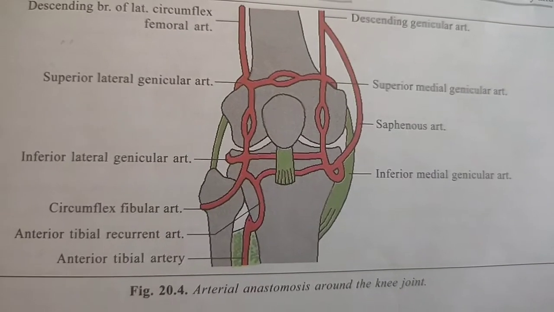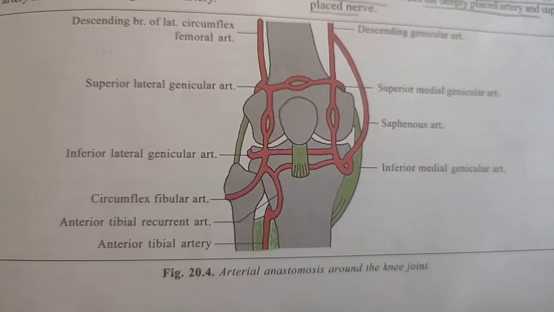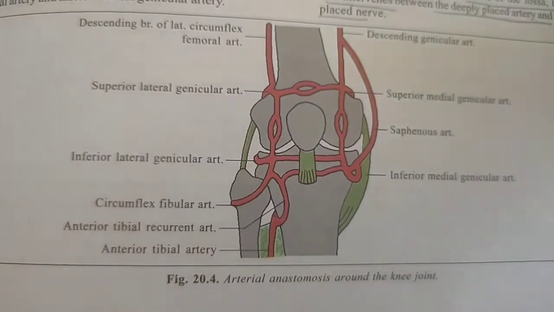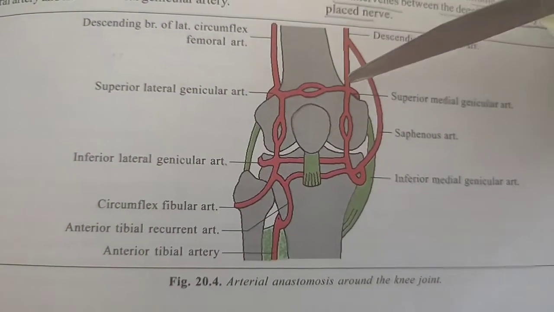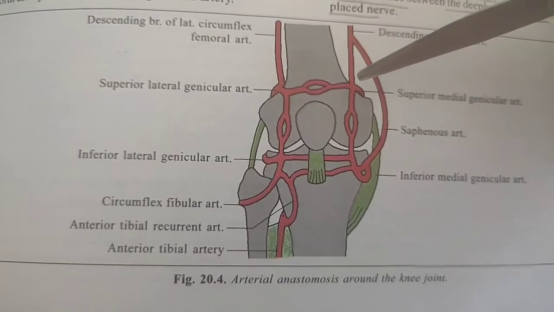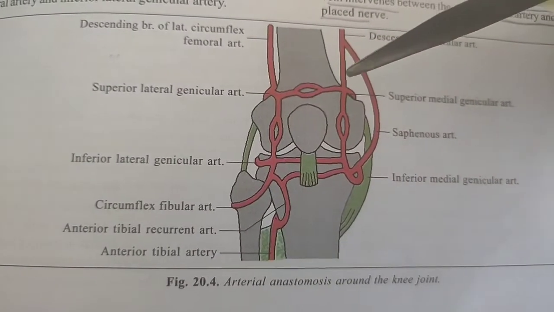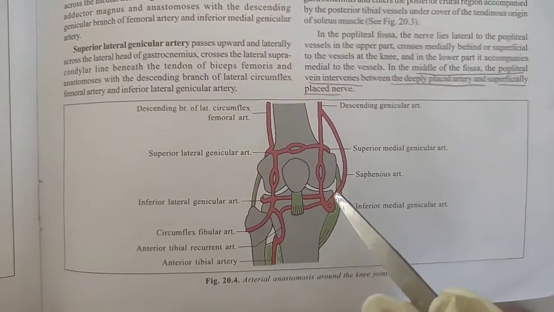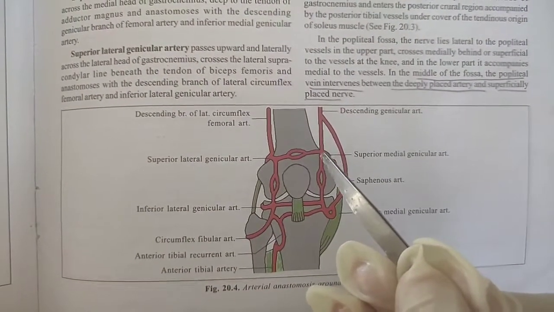Now coming to genicular anastomosis. Superomedial genicular artery encircles the medial tibial condyle. Here this is the superomedial genicular artery.